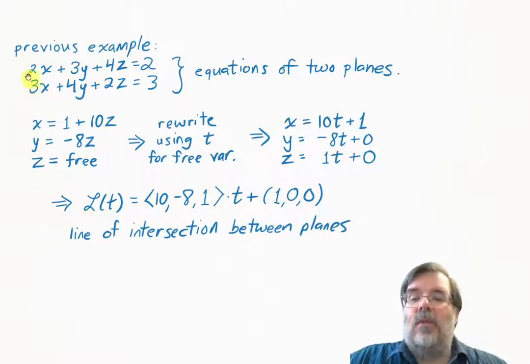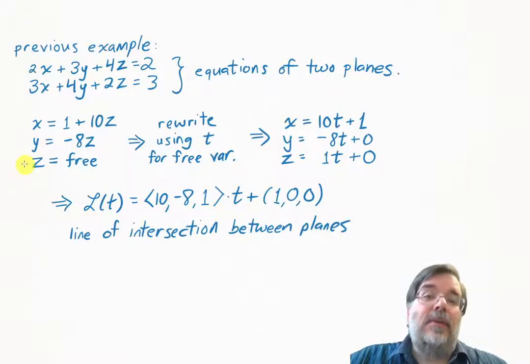In this example, we had equations of two planes. And the solution we had, here's x, y, and z, and we have infinitely many solutions. As we know from before, the intersection of two planes is very frequently a line. To find the equation of the line, we could rewrite this solution in a different form.